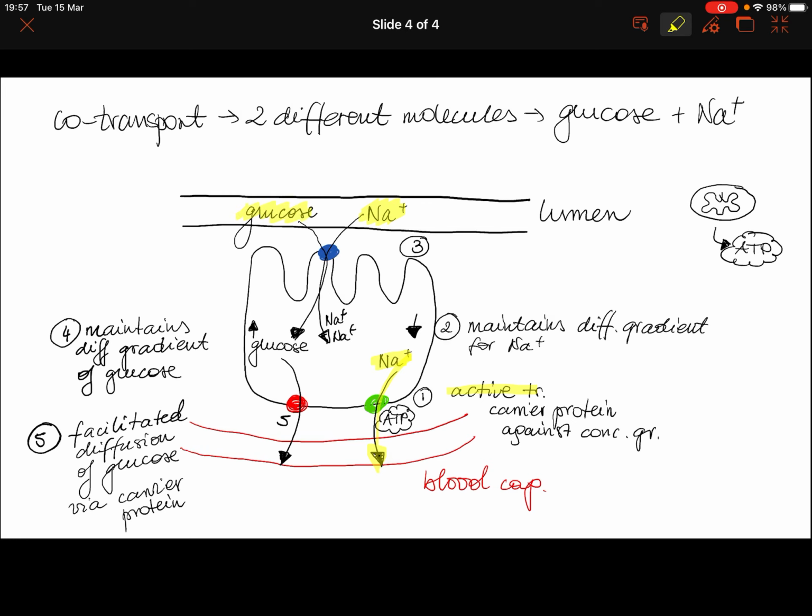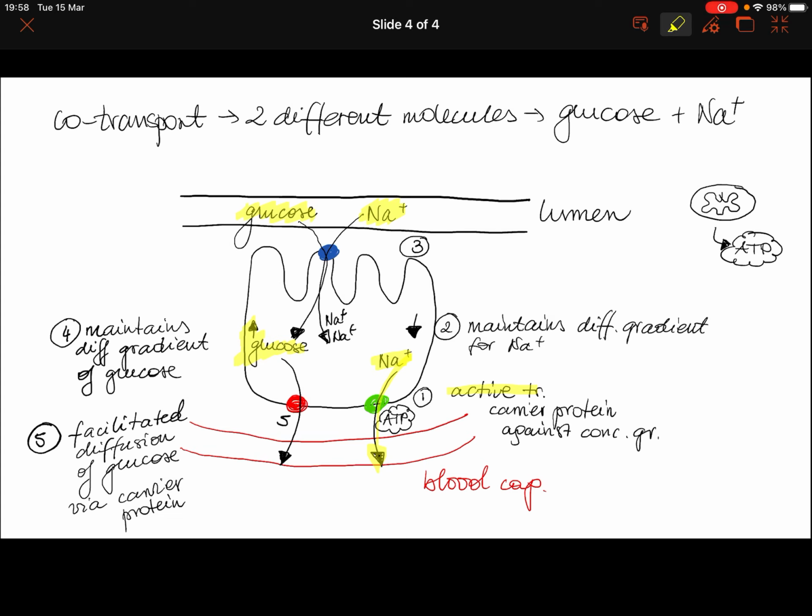Hence sodium ions now with the glucose will be transported through the facilitated diffusion from the lumen into the epithelial cell. That movement increases the concentration of glucose inside of the epithelial cell, maintaining the diffusion gradient for the glucose to now move through the facilitated diffusion from the epithelial cell into the blood capillary using the carrier protein.